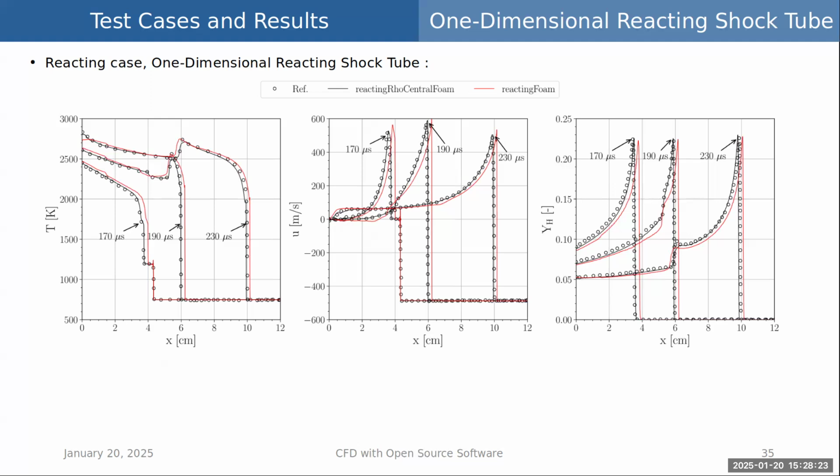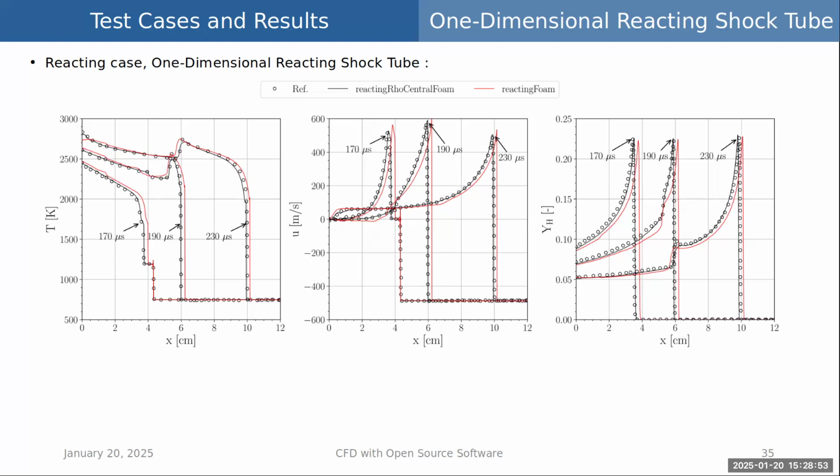Something that's interesting and worth mentioning as well: I was able to get better results with reactingFoam, but I had to increase the number of inner and outer loops, and my simulation time increased by a factor of 4 to 5. In those cases, you kind of lose the advantage of the pressure-based algorithm and implicit method, because you want a small time step anyway to reduce numerical diffusion.